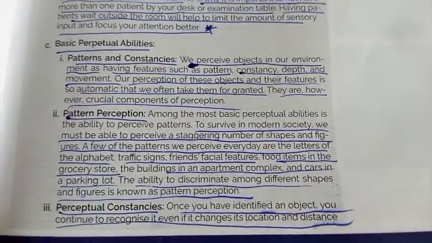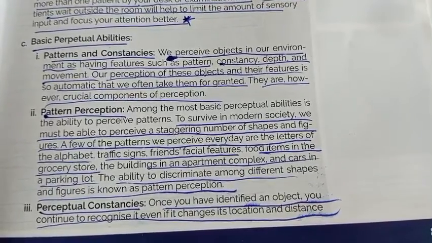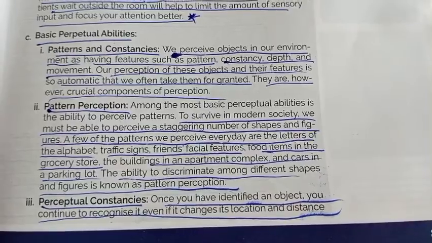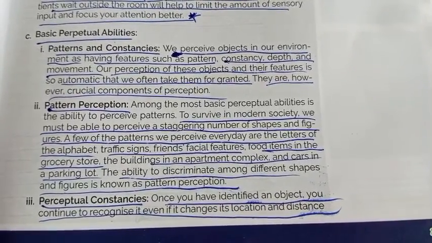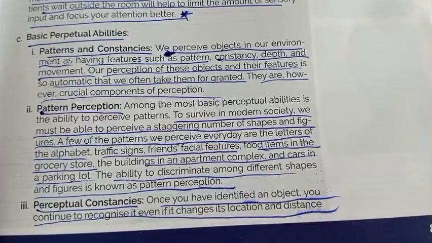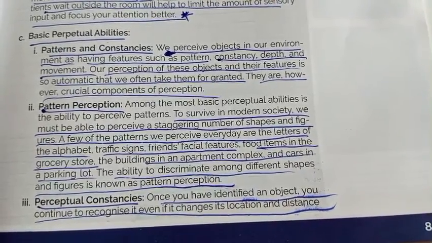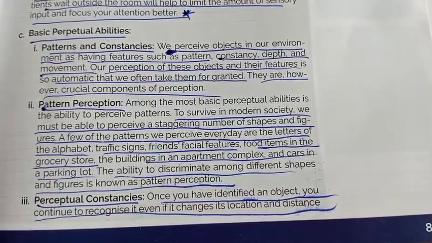Pattern perception. Among the most basic perceptual abilities is the ability to perceive patterns. To survive in modern society, we must be able to perceive a staggering number of shapes and figures.